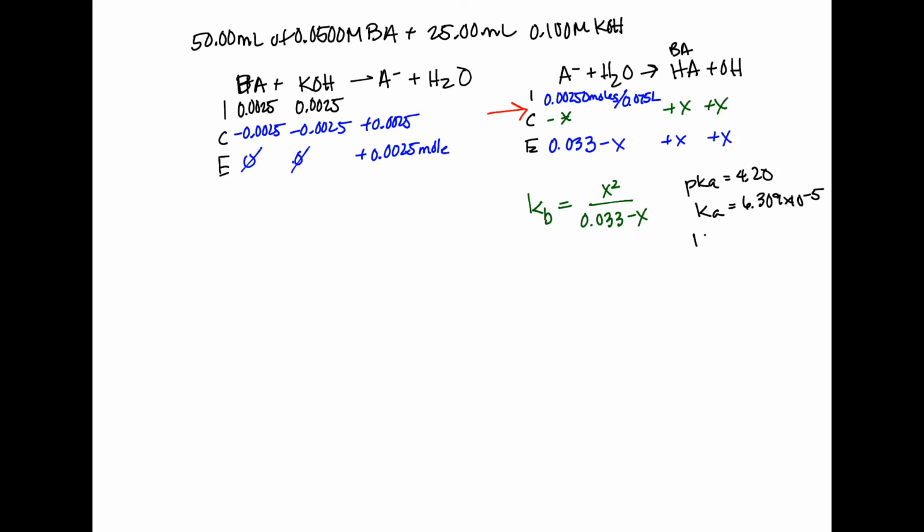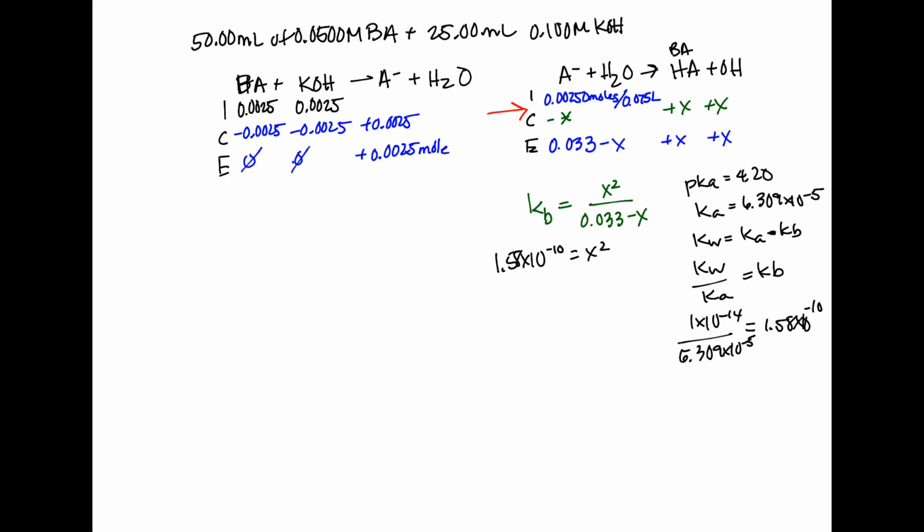And we know that the Kw is equal to the Ka times the Kb. So the Kw divided by the Ka is equal to the Kb. 1 times 10 to the negative 14 divided by 6.309 is 1.58 times 10 to the negative 10. So 1.58 times 10 to the negative 10 is equal to x squared over the initial concentration.